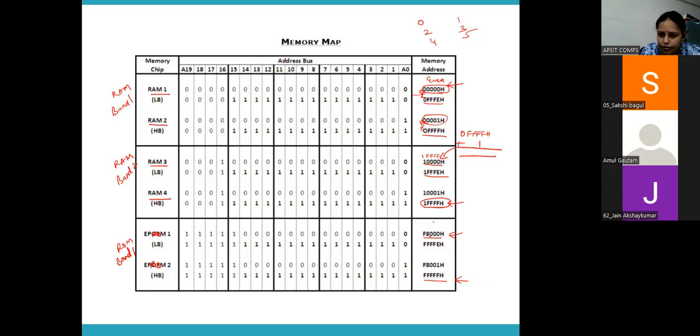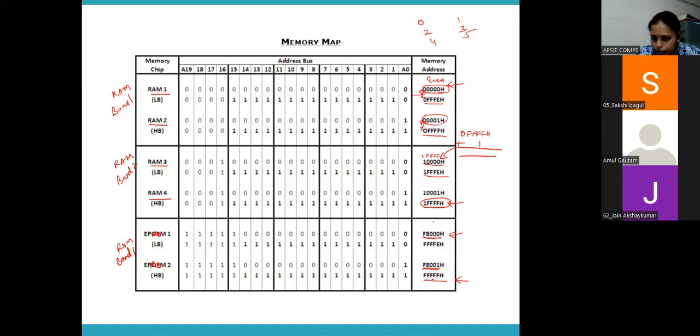Similarly, if F8000H is the starting address of EPROM, the ending address is by default, we know, FFFFFH. So if F8000 is going into the even bank here, F8001 will go into the odd bank, right? That will be the starting address in your odd bank.